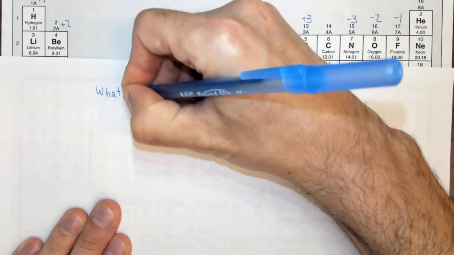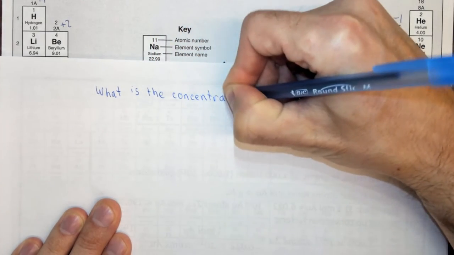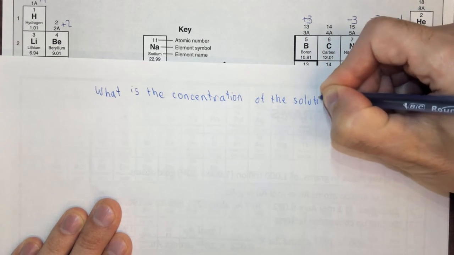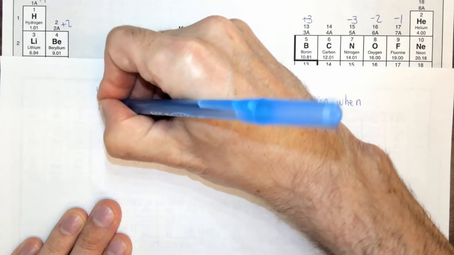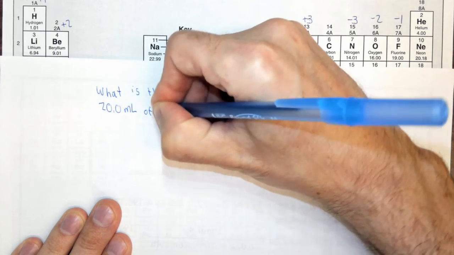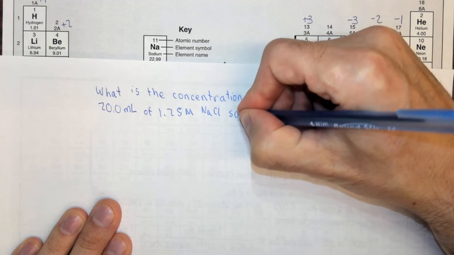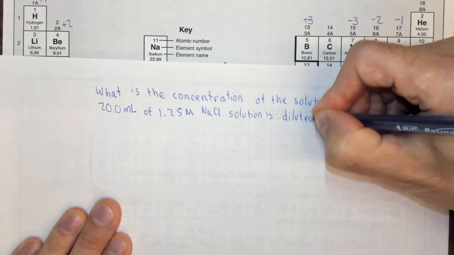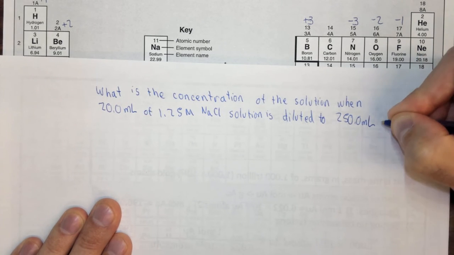So it says, what is the concentration of the solution when 20.0 milliliters of 1.25 molar NaCl solution is diluted to 250 milliliters.